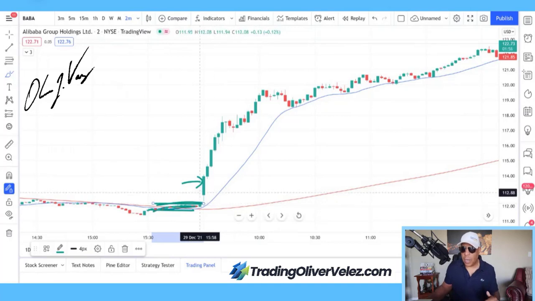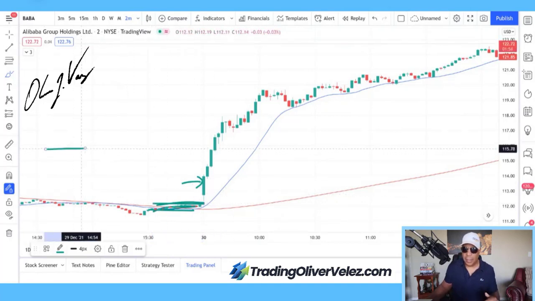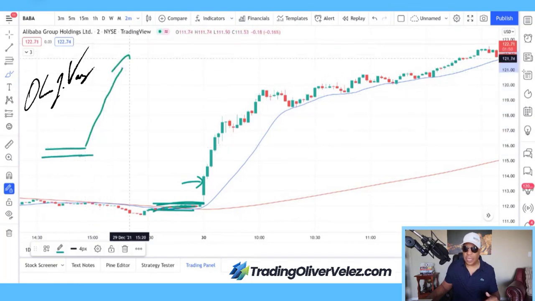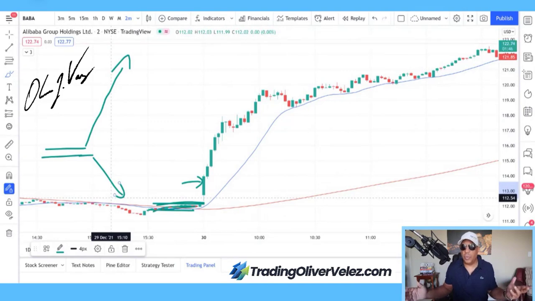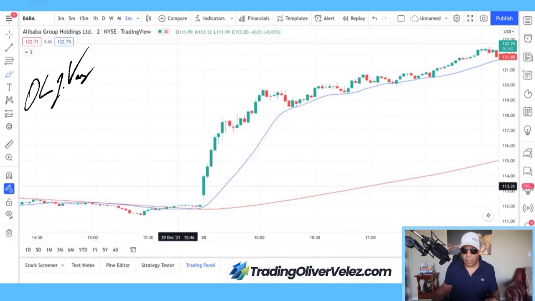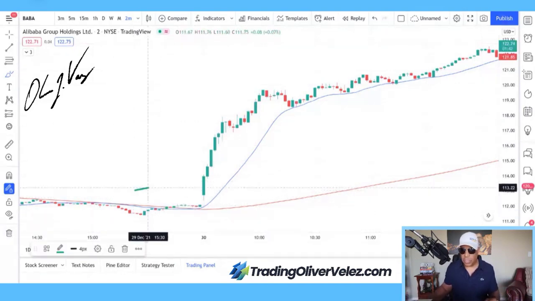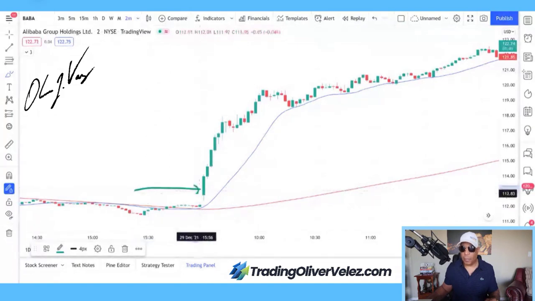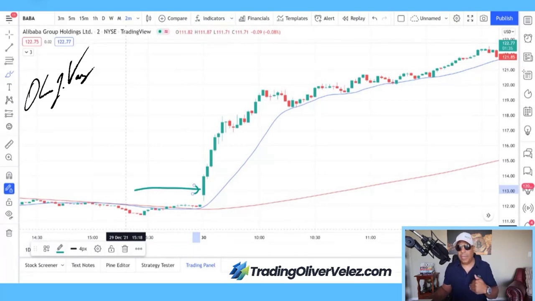We don't have to know whether or not the Baba is going to move out of its narrow state to the upside or downside. We don't have to know. All we have to do is wait. And when we wait, we just want to see power above the narrow state or power below the narrow state.